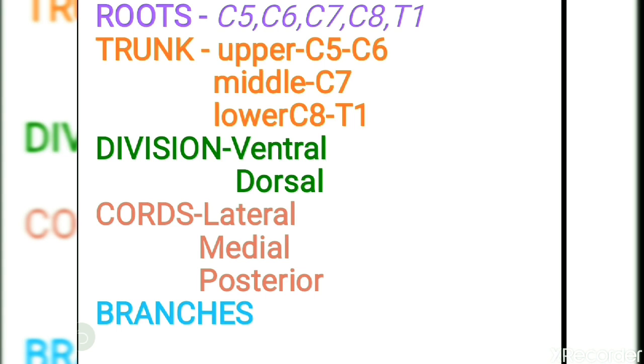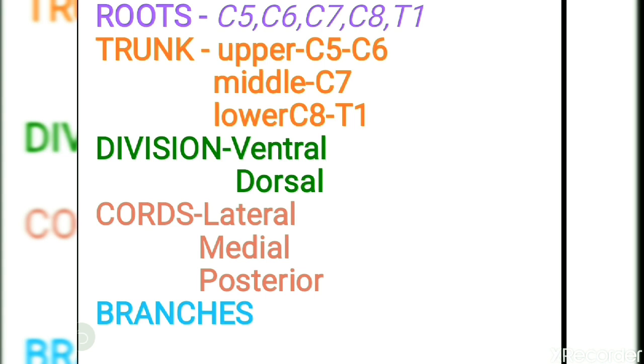Sometimes the origin of the plexus may shift by one segment, either upwards or downwards. If it is shifted upwards, we call it prefixed, and if it is shifted downwards, we call it postfixed.